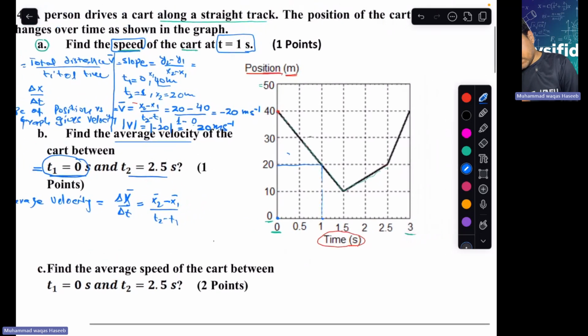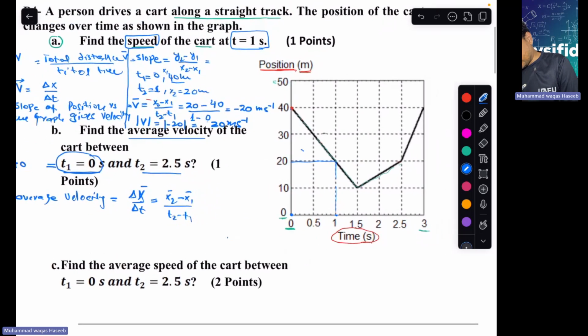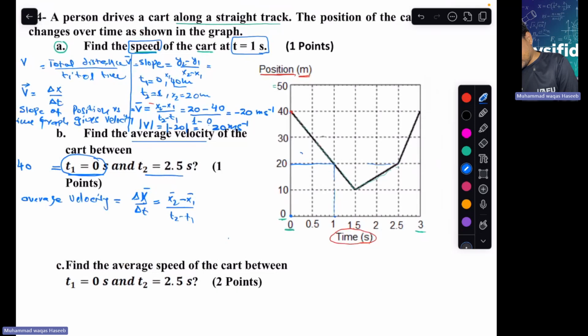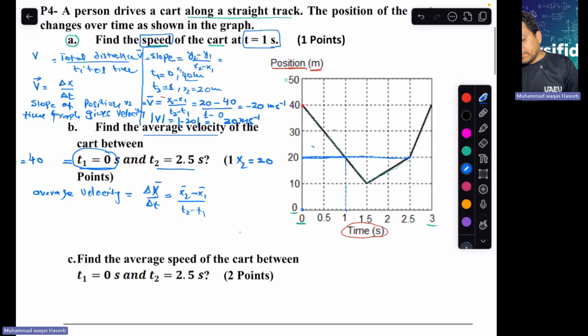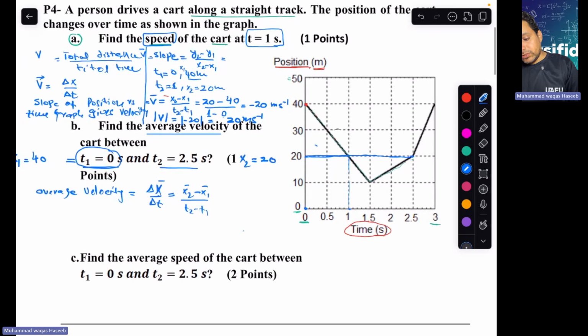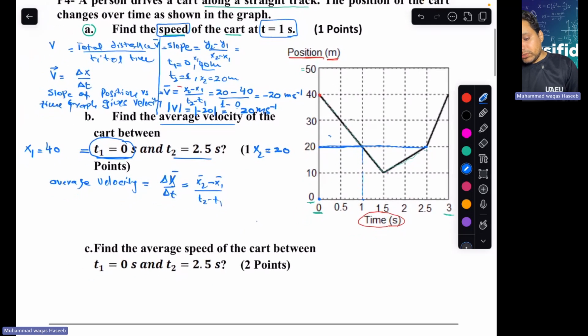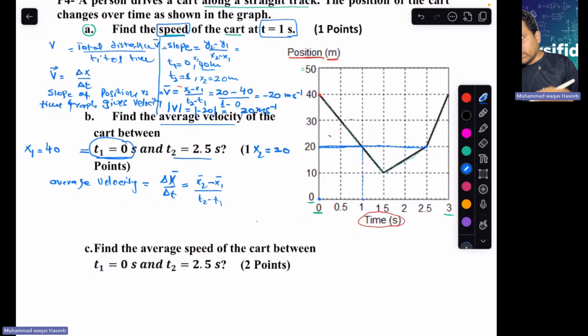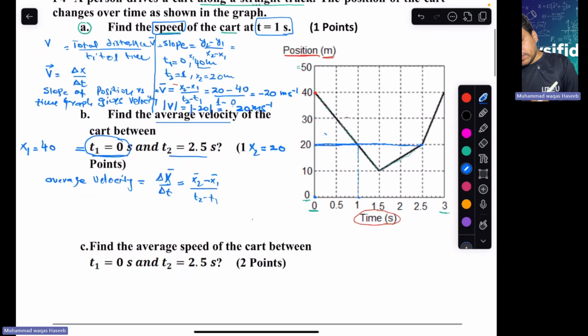At 2.5, its position is 20. So at 2.5, x2 is 20. Okay. Now calculate the velocity.